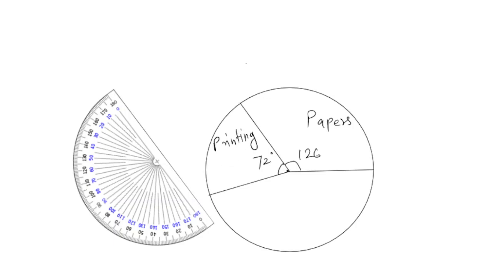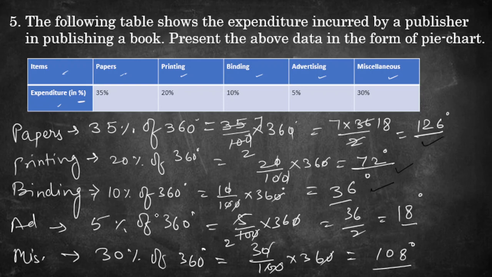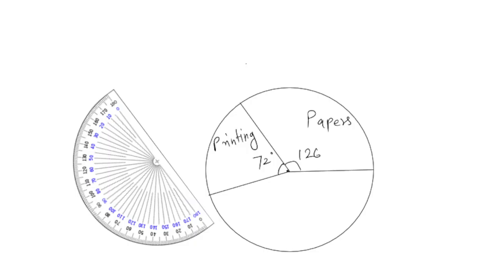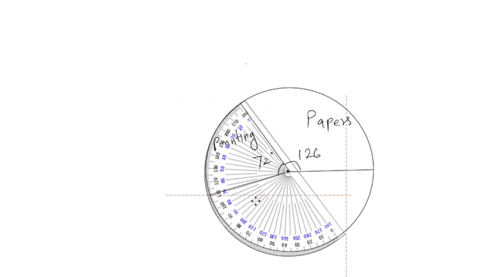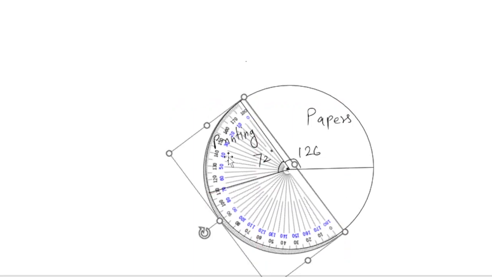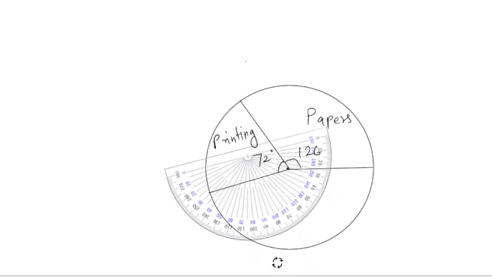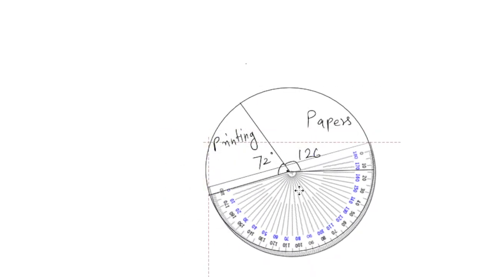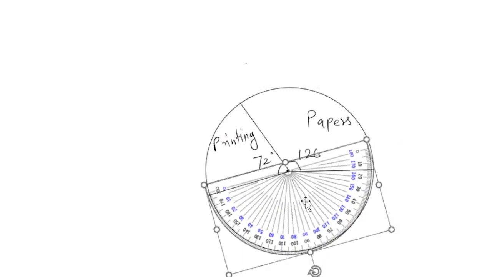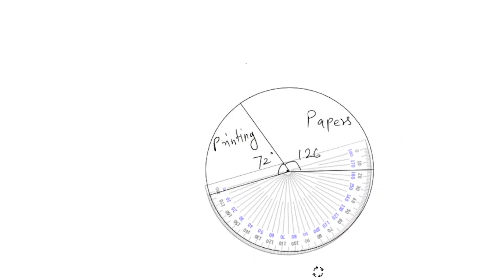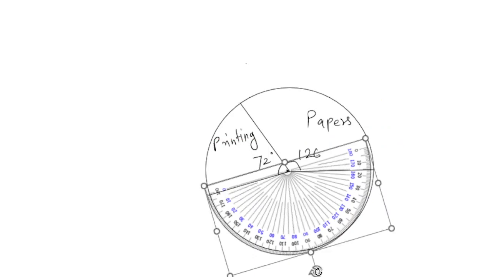Now next degree which we have to draw is 36 degree for binding. Okay, now the center point should coincide here, and this last drawn line will be the baseline. Now 36 degree. Okay, so here it has coincided already. Next angle 36 degree.